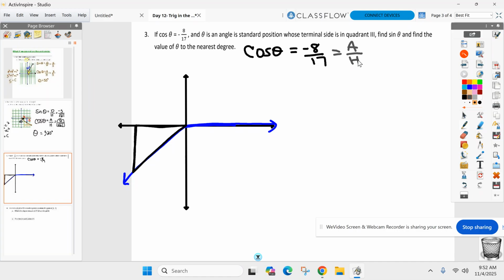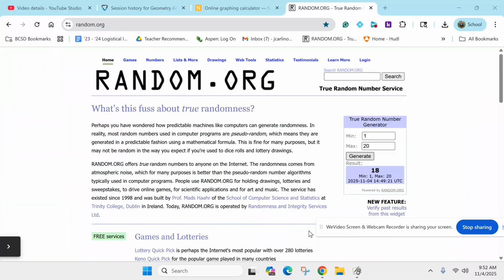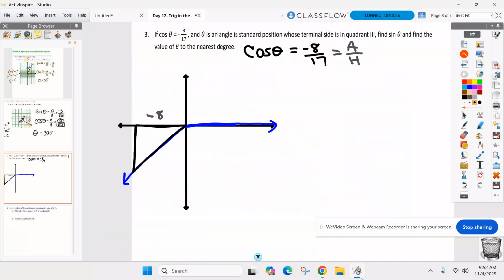The adjacent side is going to be -8. How long is the hypotenuse going to be? Wes, how long is the hypotenuse? 17. Yeah. So does everyone see I'm using adjacent over hypotenuse instead of a point to figure out the sides? Good? All right, let's go.